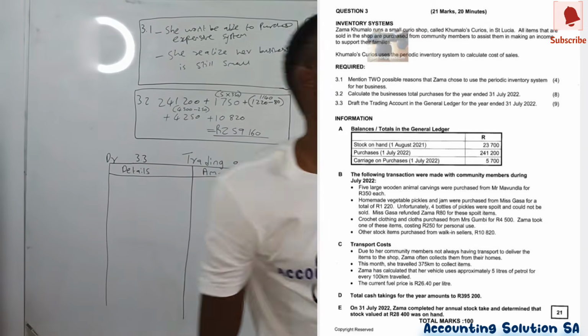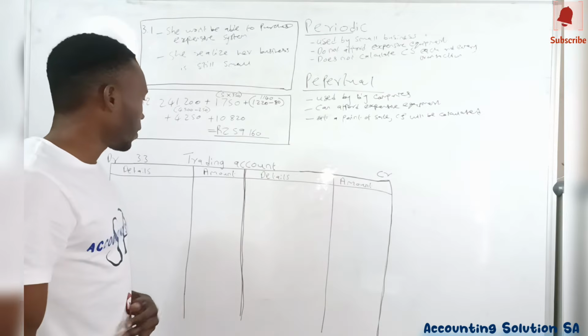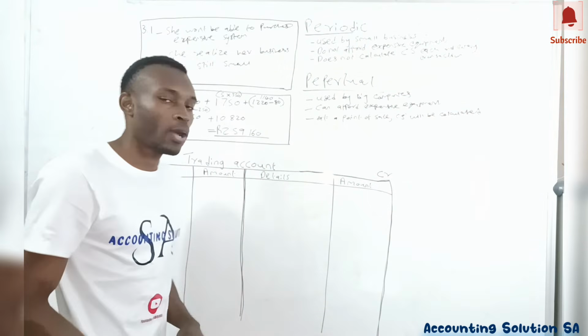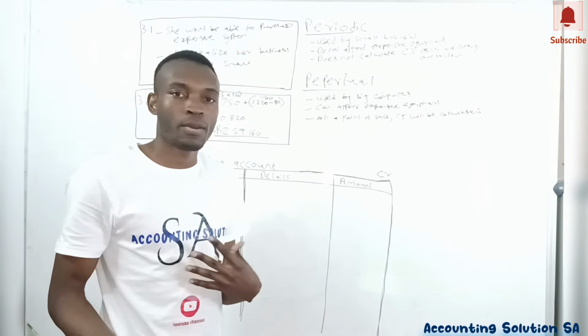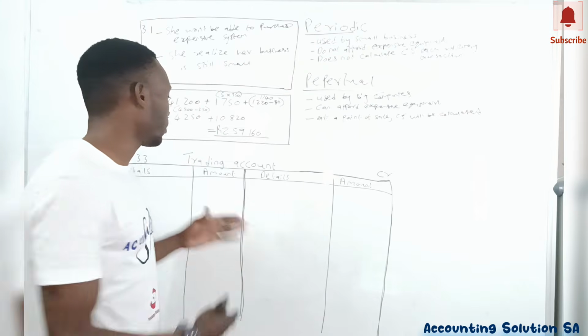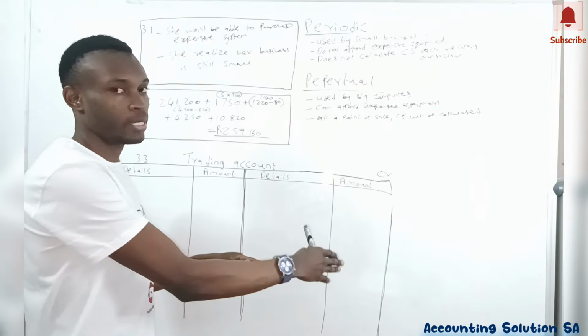Okay, so if you can check on our whiteboard, you will find that I already drew a trading account. When we talk about a trading account, simply means that we are talking about a ledger account. So in our ledger account, of course, we have a debit side and we also have a credit side.